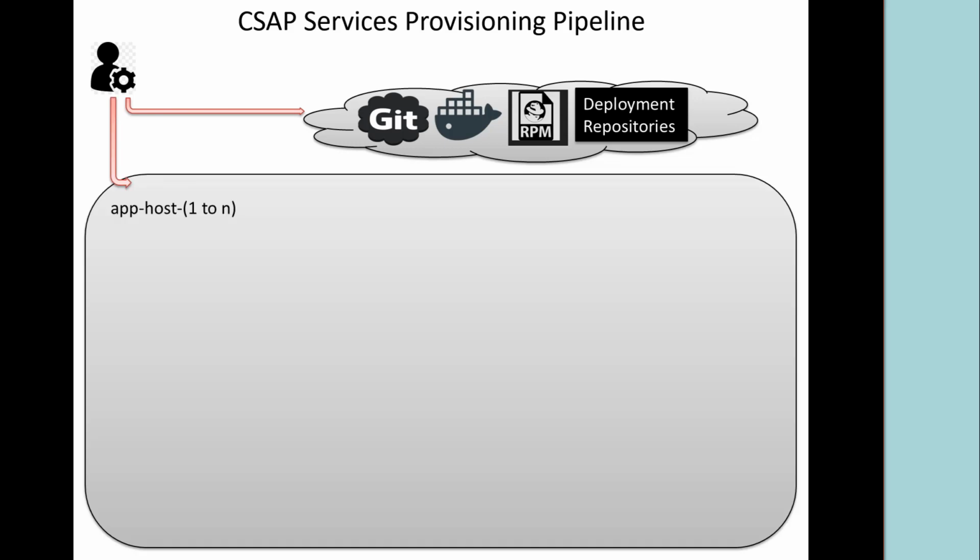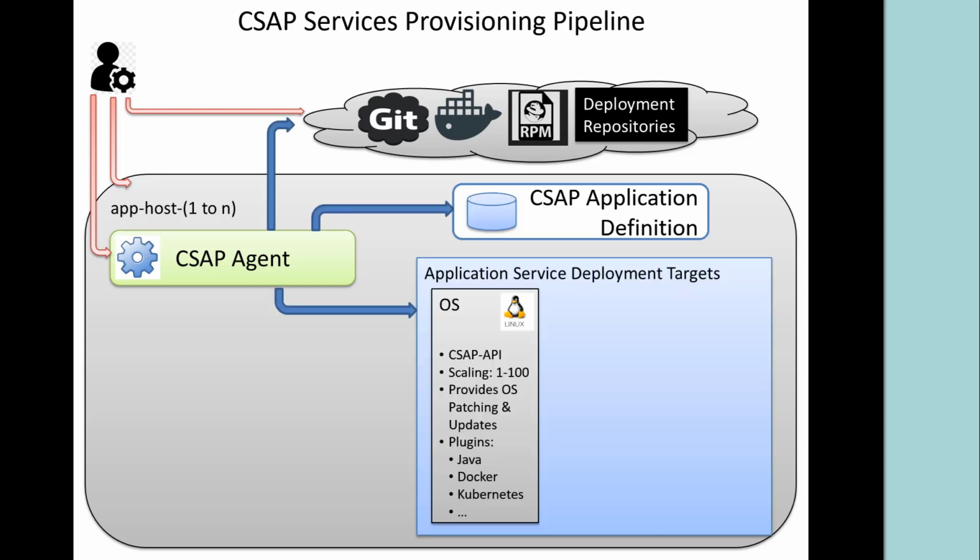Next, the target hosts are identified and provisioned via the infrastructure provider process. The CSAP installer supports installation of 1 or more hosts concurrently. The installer installs the CSAP agent on each host.